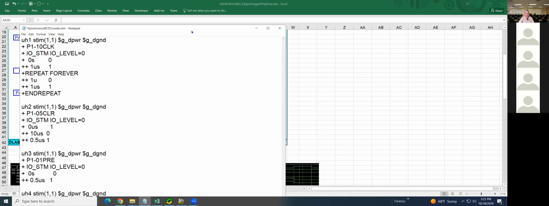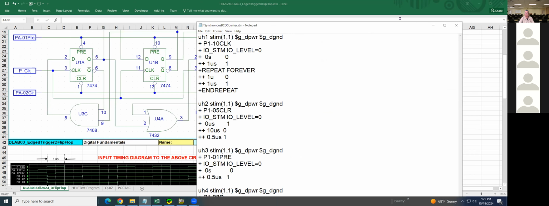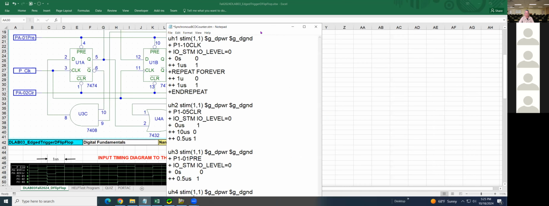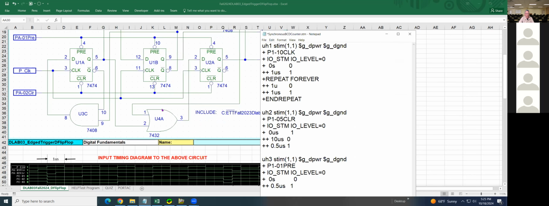So now we try to see how we can do this. First thing we're talking about, number one, P clock. Okay.